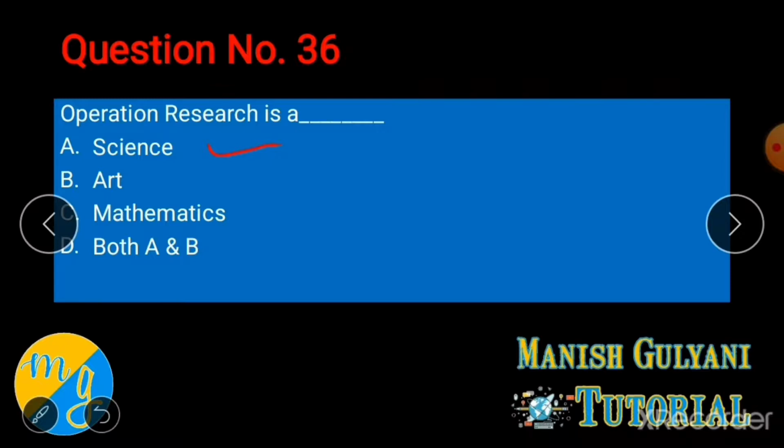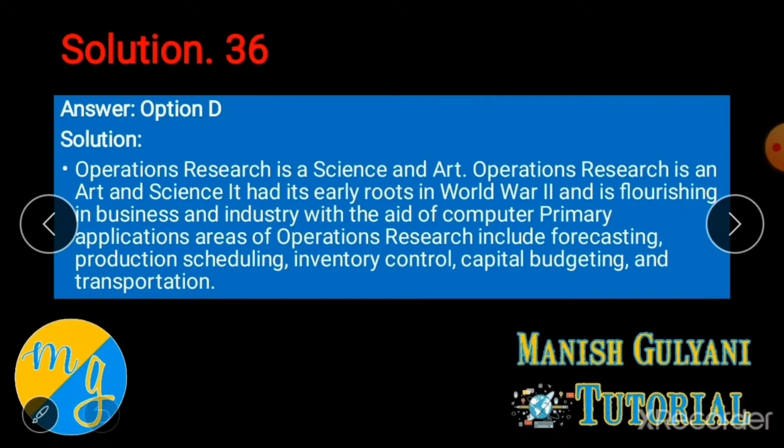So the answer is both A and B. Operation research is science as well as art. It is science because it uses various mathematical tools and techniques used by various scientists, economists and mathematicians, because it believes in an interdisciplinary approach. Every person has their own opinion, so on the basis of their opinions you derive one optimal solution. So it is science as well as art, both. So option D is your correct option.